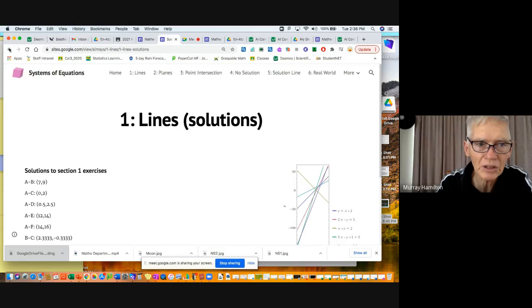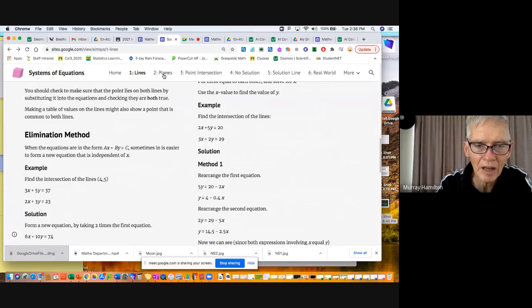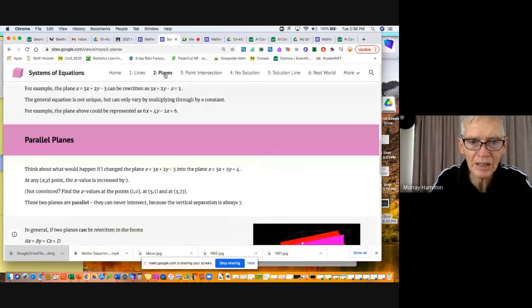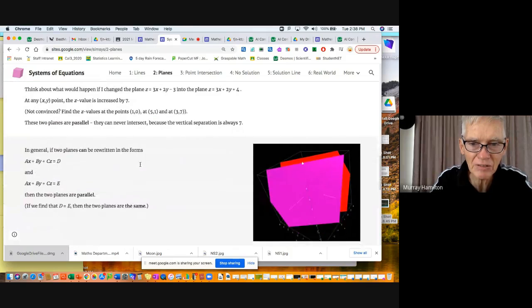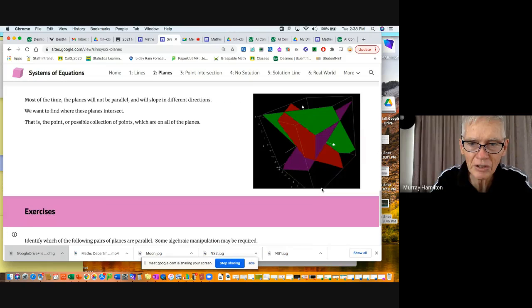So this site is really good, which I want you to have a look at and go over. Then it takes you on to planes. That's what I was explaining the other day, that we have a general equation of a plane and you have three variables, X, Y, and Z. It explains the various planes. We're beginning by looking at where planes are parallel, where there are intersections, and so on.